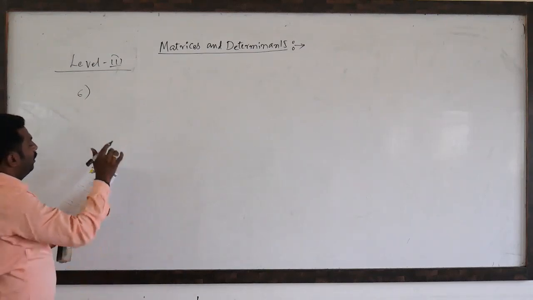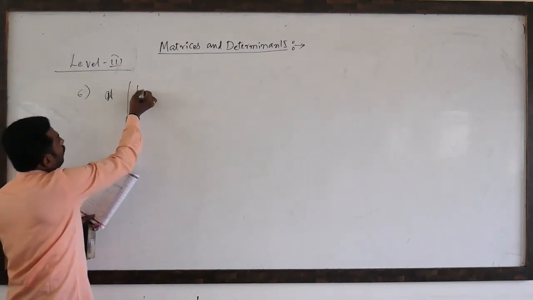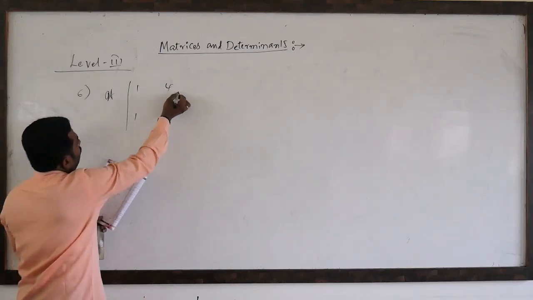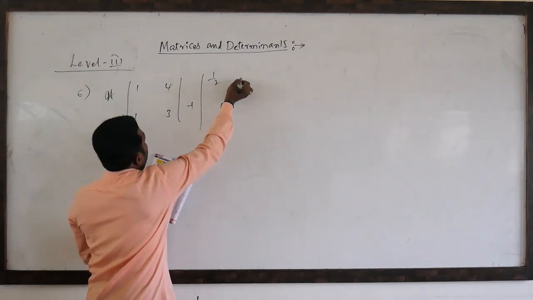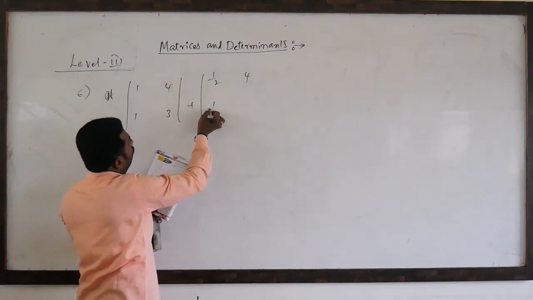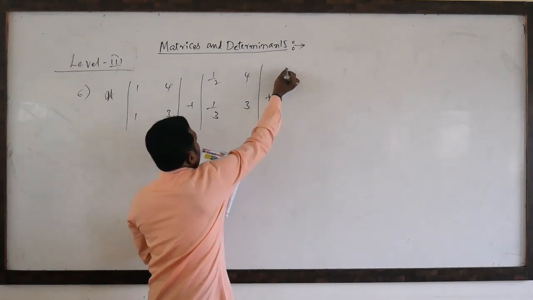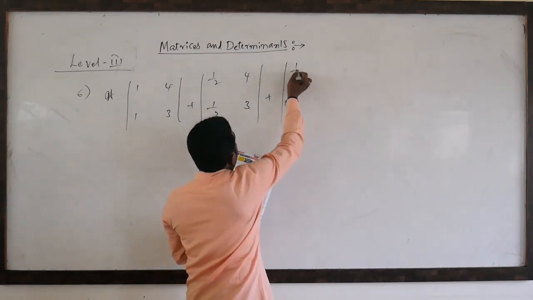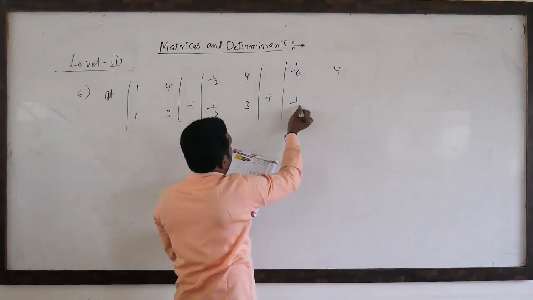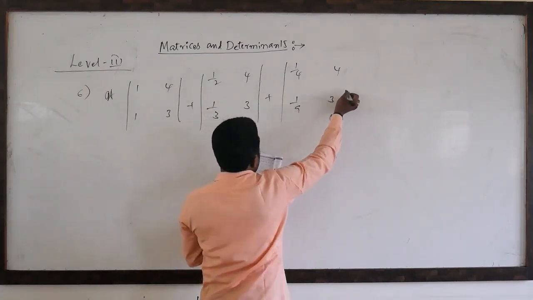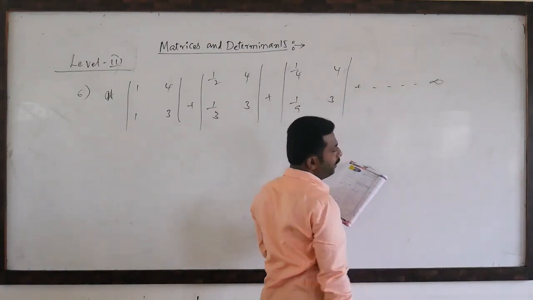See, the determinant of [1, 4; 1, 3] plus the determinant of [1/2, 4; 1/3, 3] plus the determinant of [1/4, 4; 1/9, 3], plus and so on, infinite times.